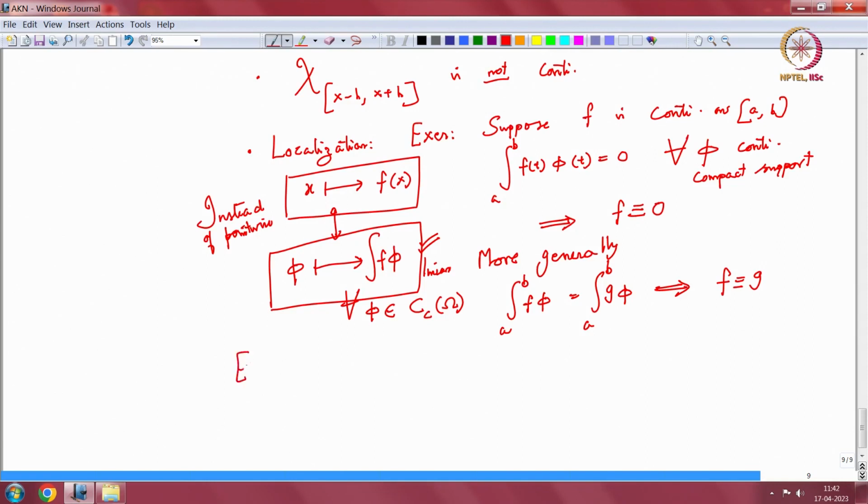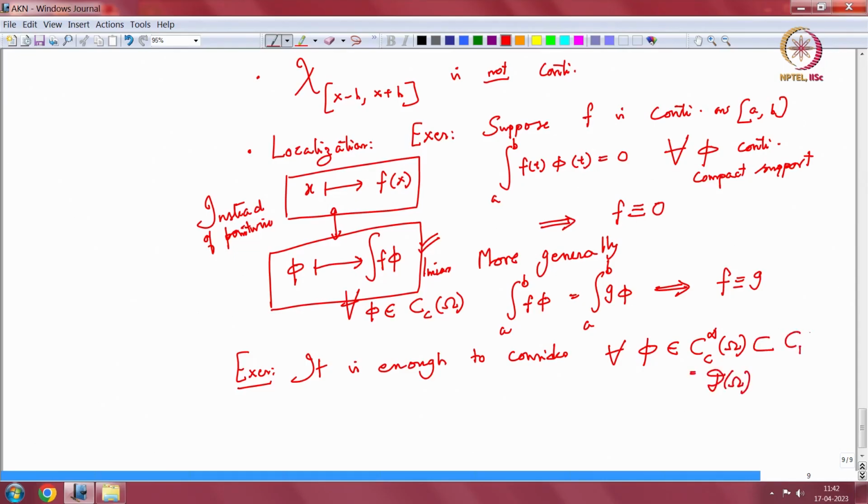In fact, you can do this exercise a little more, and it is enough to consider C infinity functions, enough to consider for all phi in C infinity, infinitely differentiable functions with compact support. This is a smaller class, so you verify that one only for a smaller class. This is precisely your D of omega class, which we have seen already, inside Cc of omega.